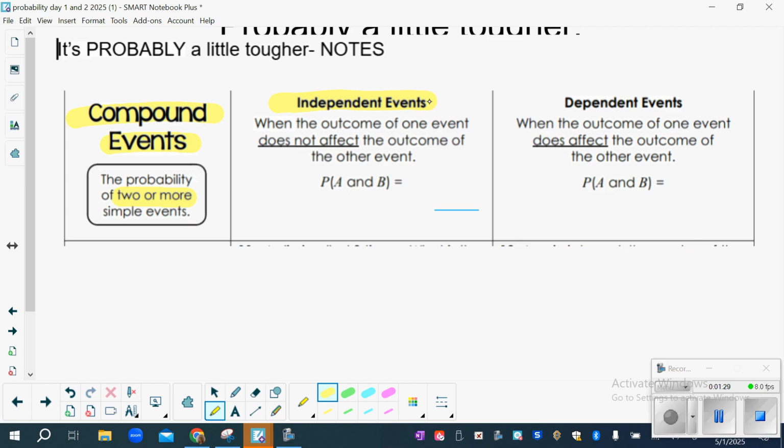So sometimes we're going to say, oh, what's the probability that I'm going to eat tacos tonight? And what's the probability that I will wear these tennis shoes tomorrow? The tacos and the tennis shoes don't impact each other. They're completely separate things. When things are completely separate, the way we do probability is really easy. We do the probability of the first thing happening, and we times it by the probability of the second thing happening.